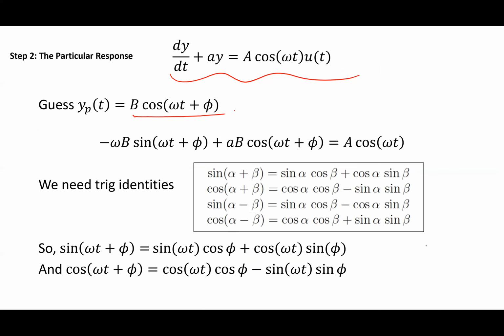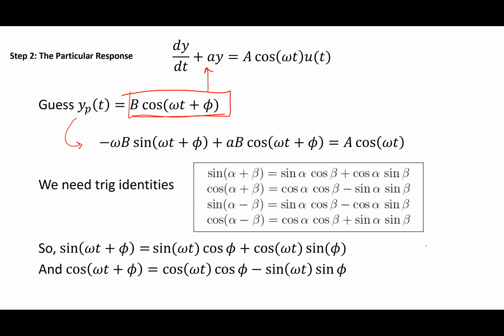What I have to do with that is expand it out using trig functions. So I take b cosine omega t and plug it into the differential equation.